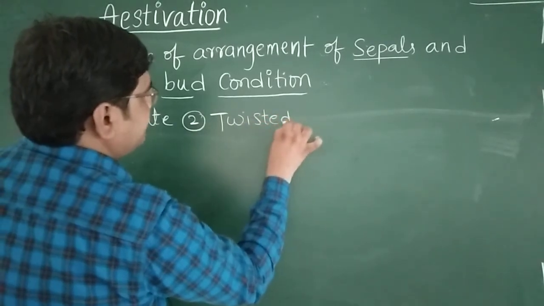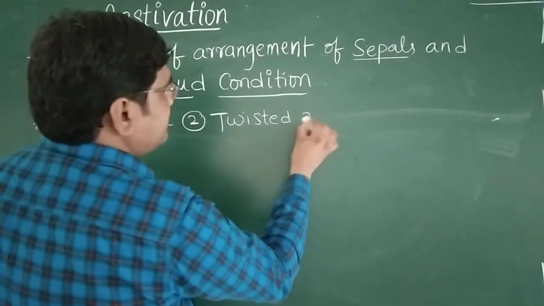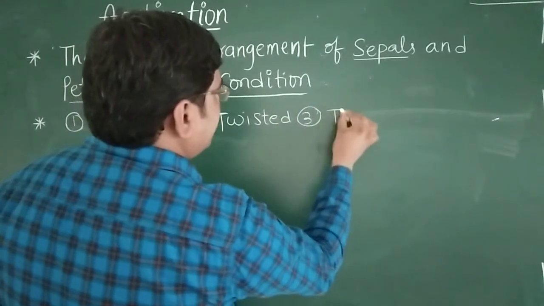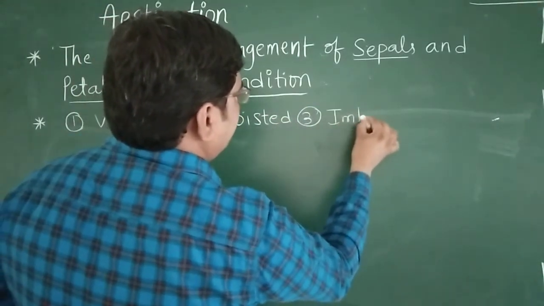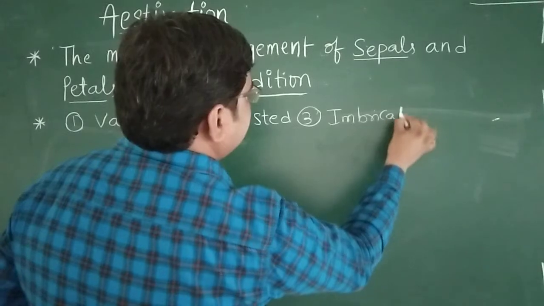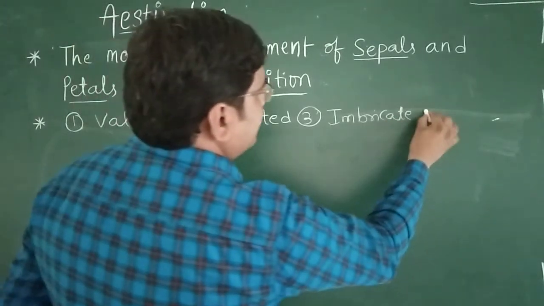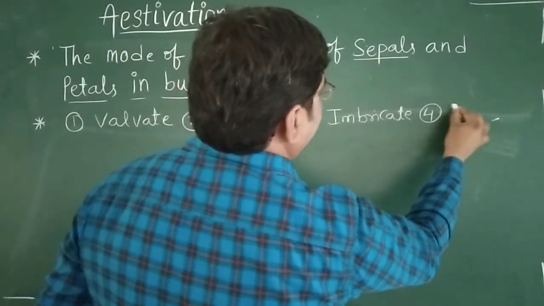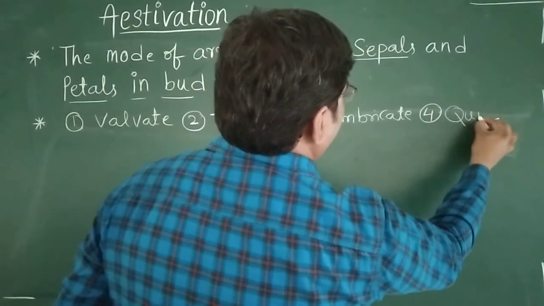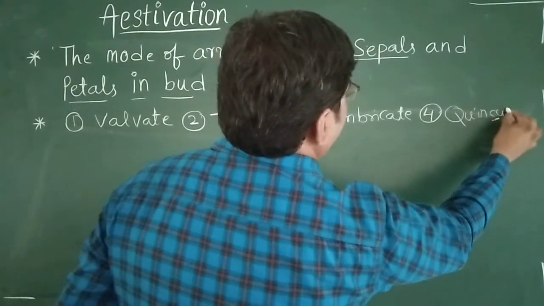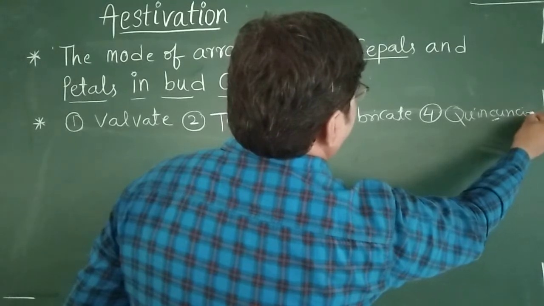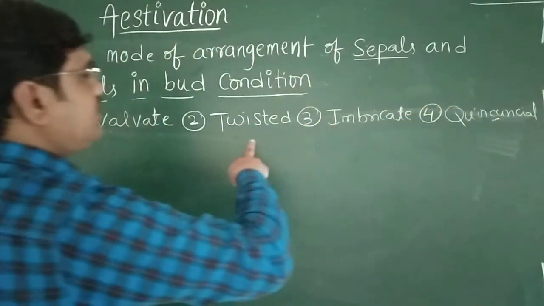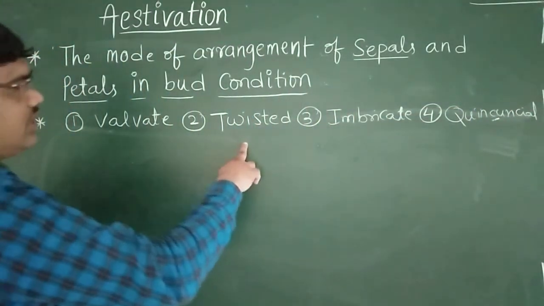The third one is imbricate estivation. And the fourth one is quincuncial estivation.